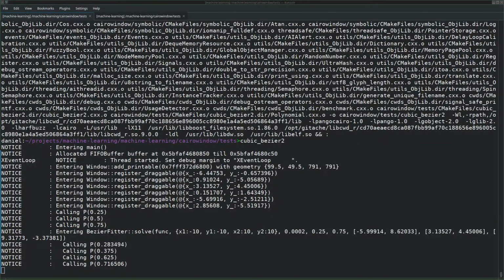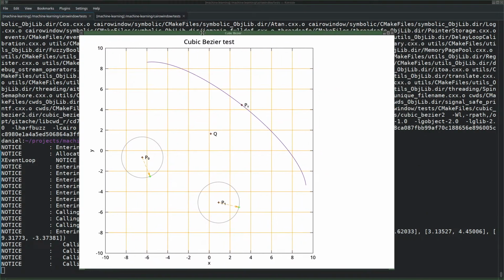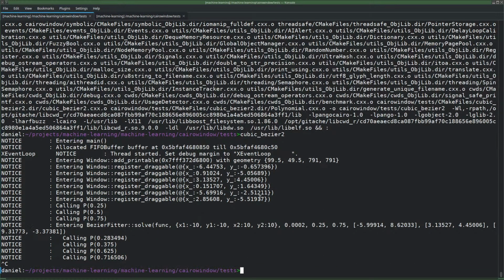Yep, that works. So instead of starting at 0, it starts at a quarter, till 3/4 instead of 1. The problem really is just the function values, apparently.